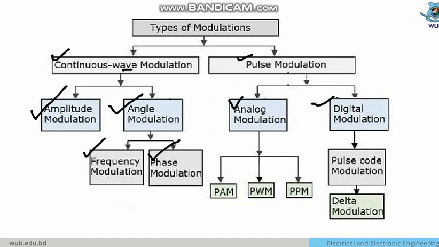Analog modulation divides into three parts: PAM, pulse amplitude modulation; PWM, pulse width modulation; PPM, pulse position modulation. Digital modulation is just one type, pulse code modulation or PCM, and another part of it is delta modulation.